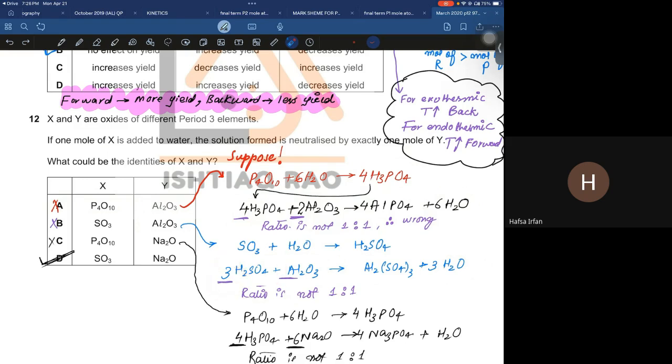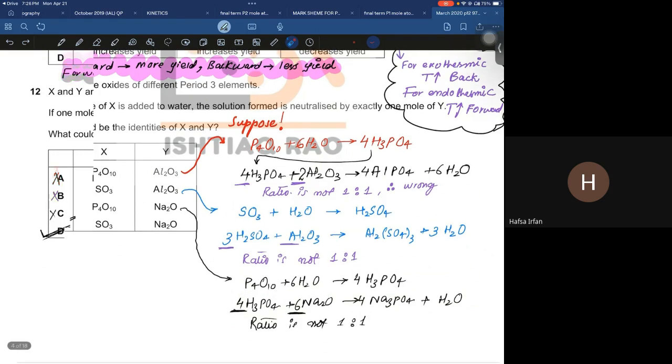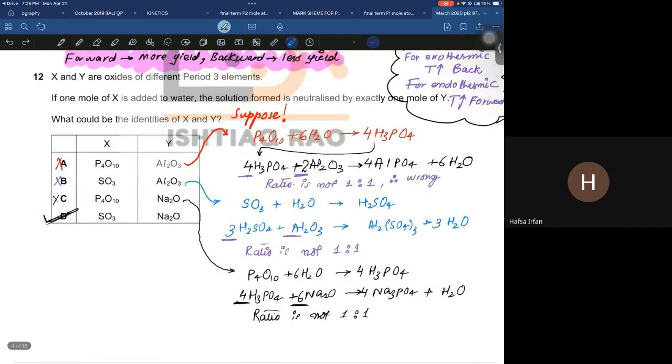I need 1 is to 1. Then P4O10 is going to react with water. It's going to form H3PO4 and then H3PO4 is reacting with sodium oxide and it's getting this. So it's 4 is to 6. And then you can do option D.